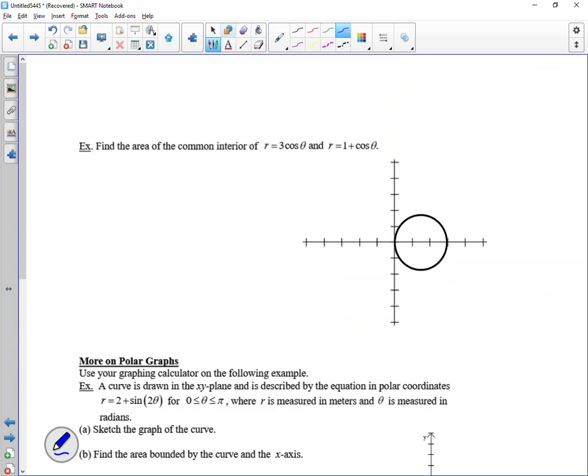Cosine of 0 is 1, 1 plus 1 is 2. 1 plus 0 is 1. 1 plus -1 is 0. 1 plus 0 is 1. This is a cardioid, yes. Now, we want the common interior. That's this part where it's common to both of them.